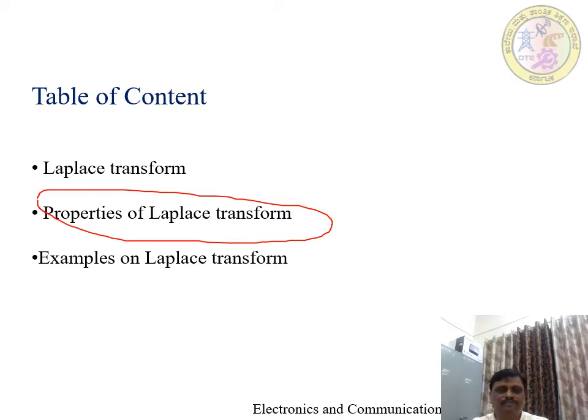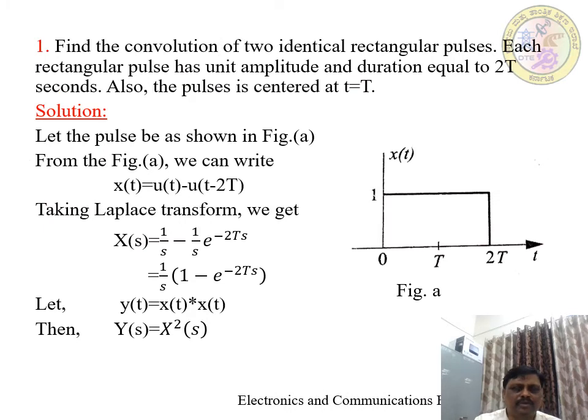Let us take up the first example: find the convolution of two identical rectangular pulses. Each rectangular pulse has unit amplitude and duration equal to 2T seconds.